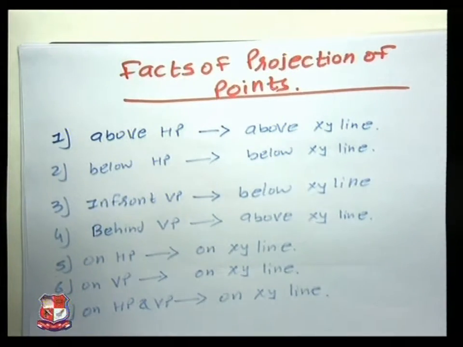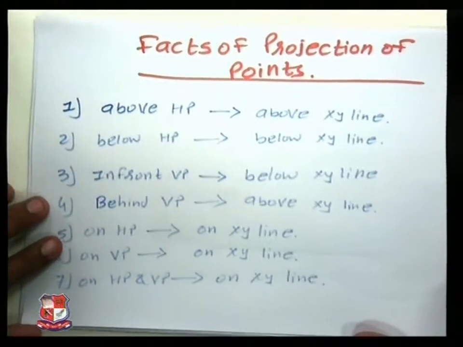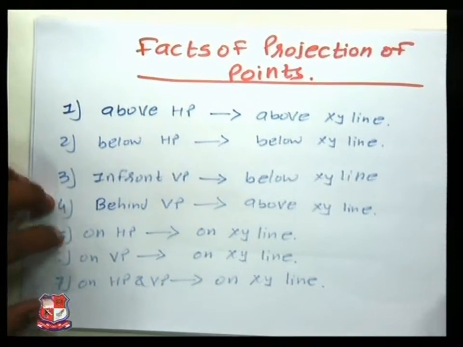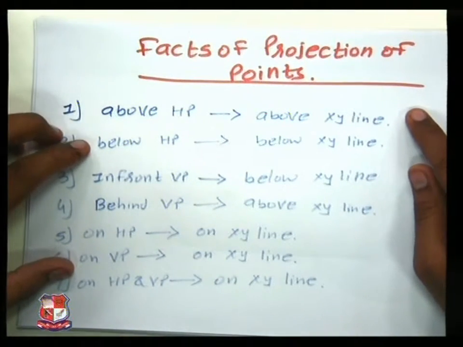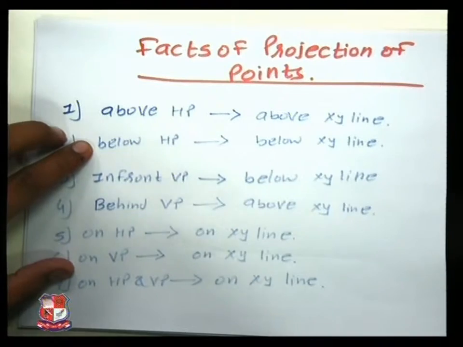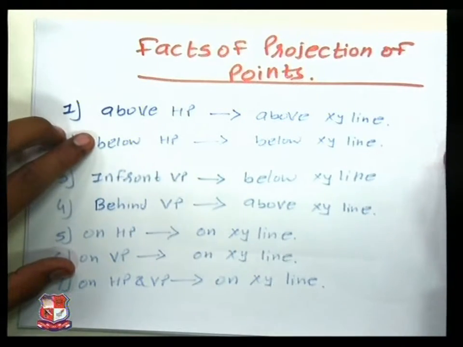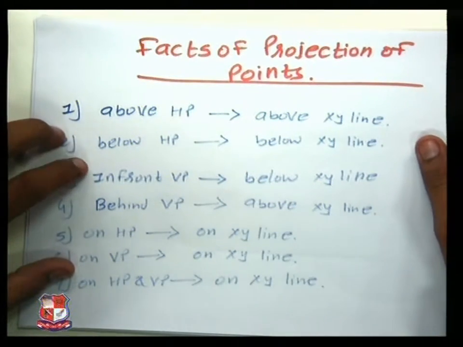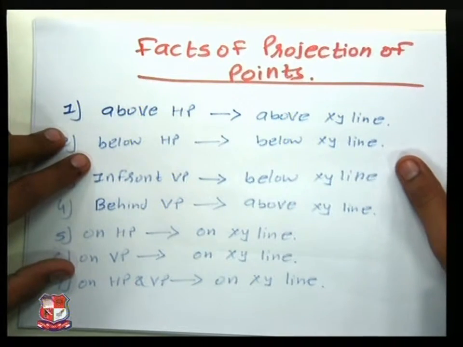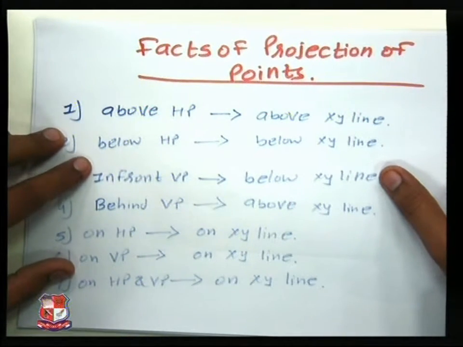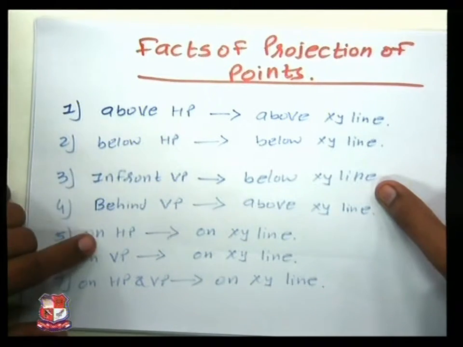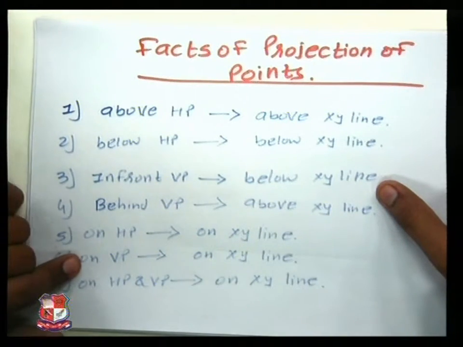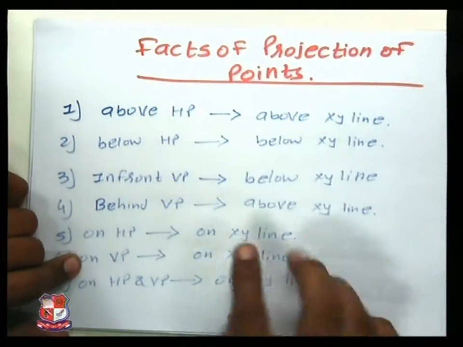So these are the facts about projections of a point. If it says a point is above HP, then it should be represented above the XY line. If it says the point is below HP, then it should be below the XY line. If it says in front of VP, then it should be below the XY line. Behind VP, then above the XY line. If it says on HP or VP, it should lie on the XY line itself.